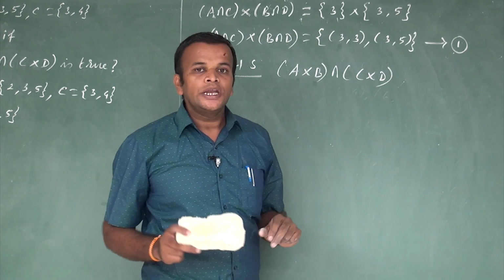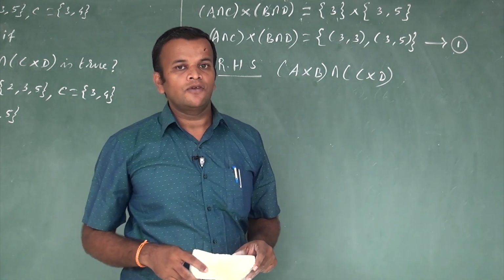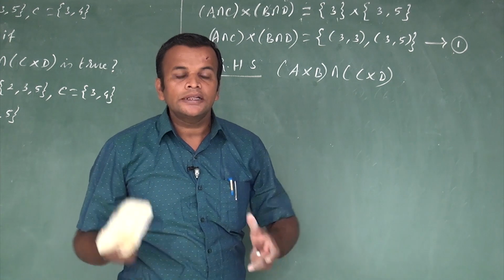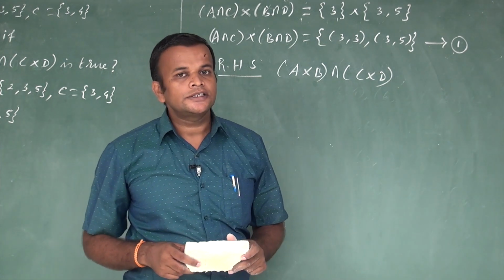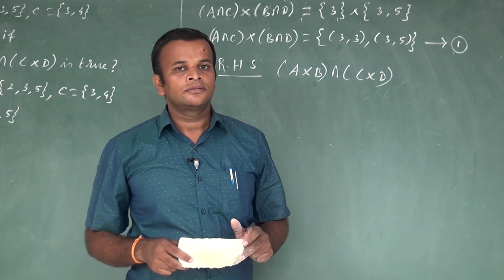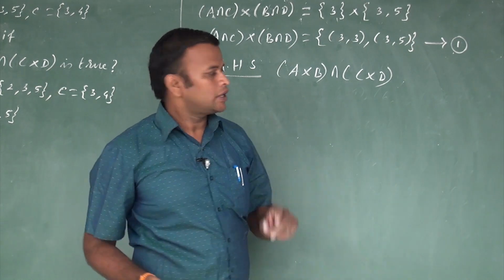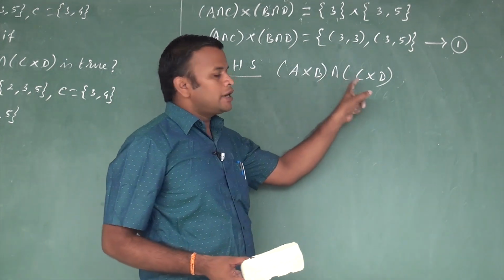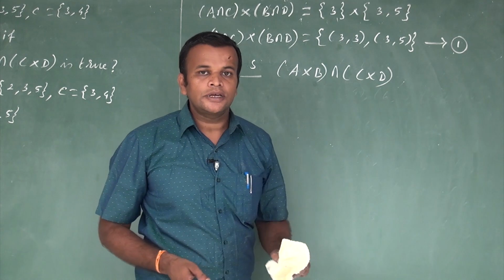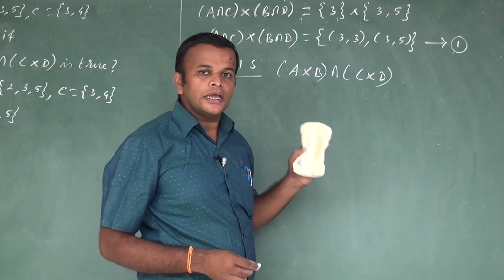First of all, we need an intersection. If we need an intersection, first we find the sets. Intersection is common, so the elements common in A cross B and C cross D. So the first step is to find the value of A cross B.